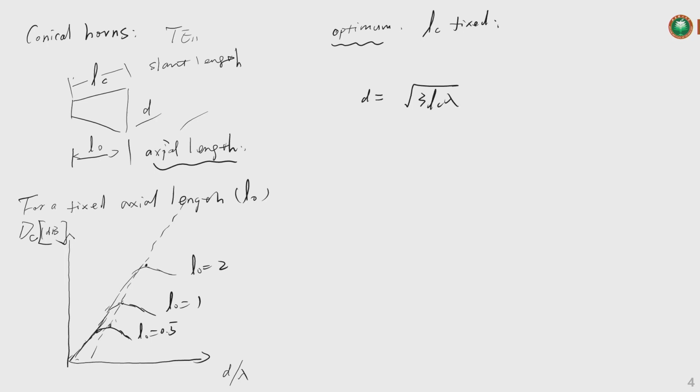So we can get the relationship between the aperture and the axial length, the LC and the lambda, and then we can get the directivity.